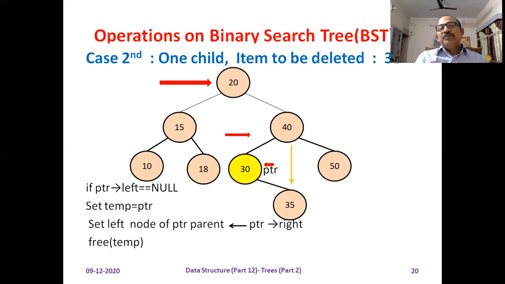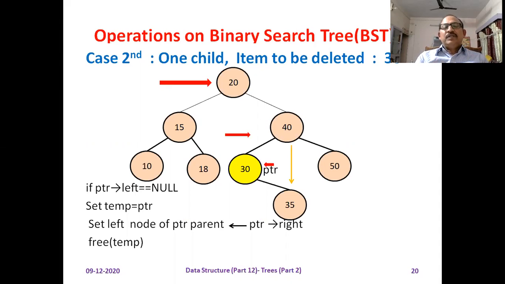PTR is the 30 and PTR right is 35. And the parent of the PTR is 40. So 40 left now becomes PTR right, which means 35. Node 40 points to the 35. Okay. And now we are free to delete this node 30.